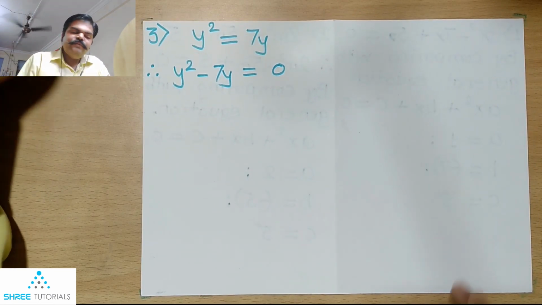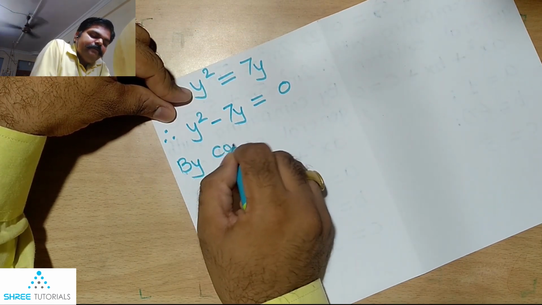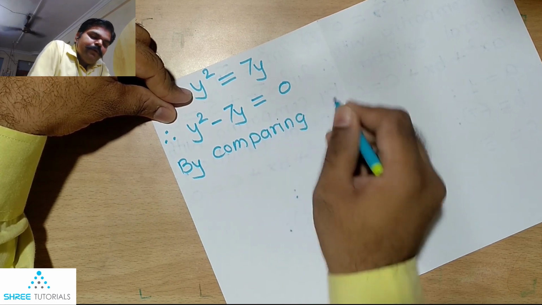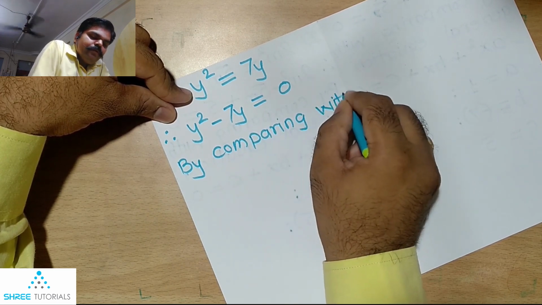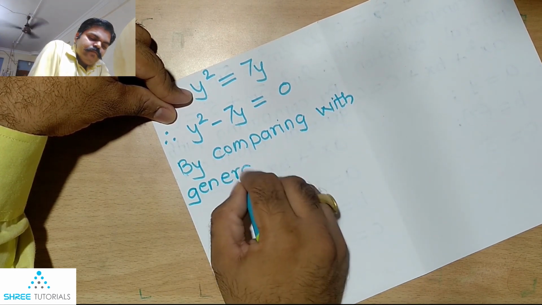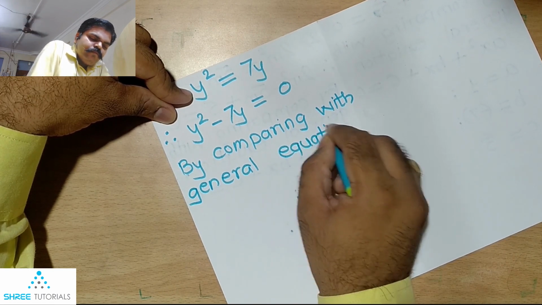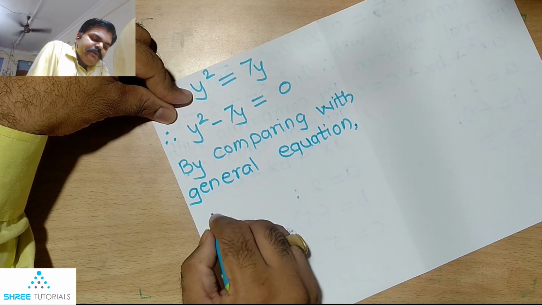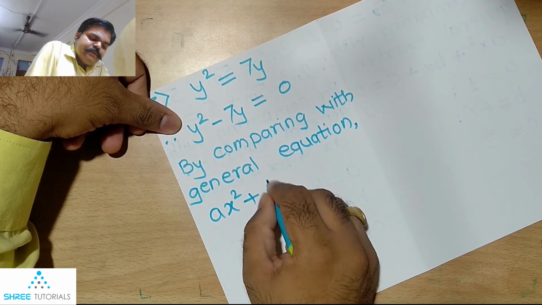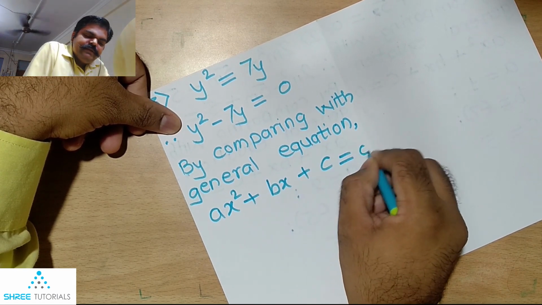Now thereafter we will do our part by saying, by comparing with the general equation. What's that general equation? It was ax square plus bx plus c is equal to 0.